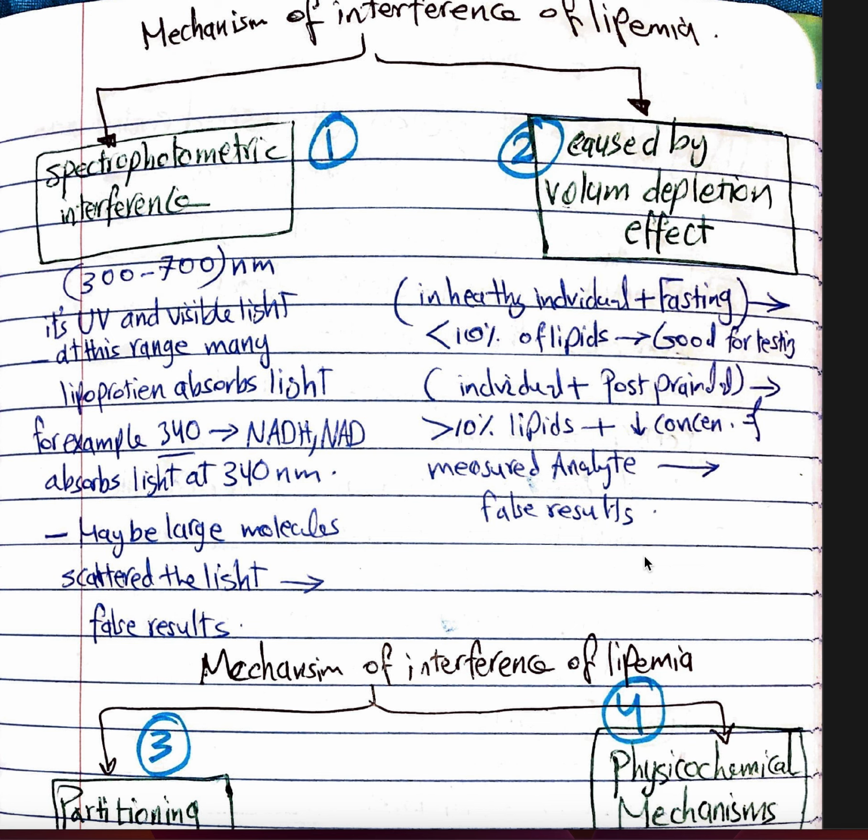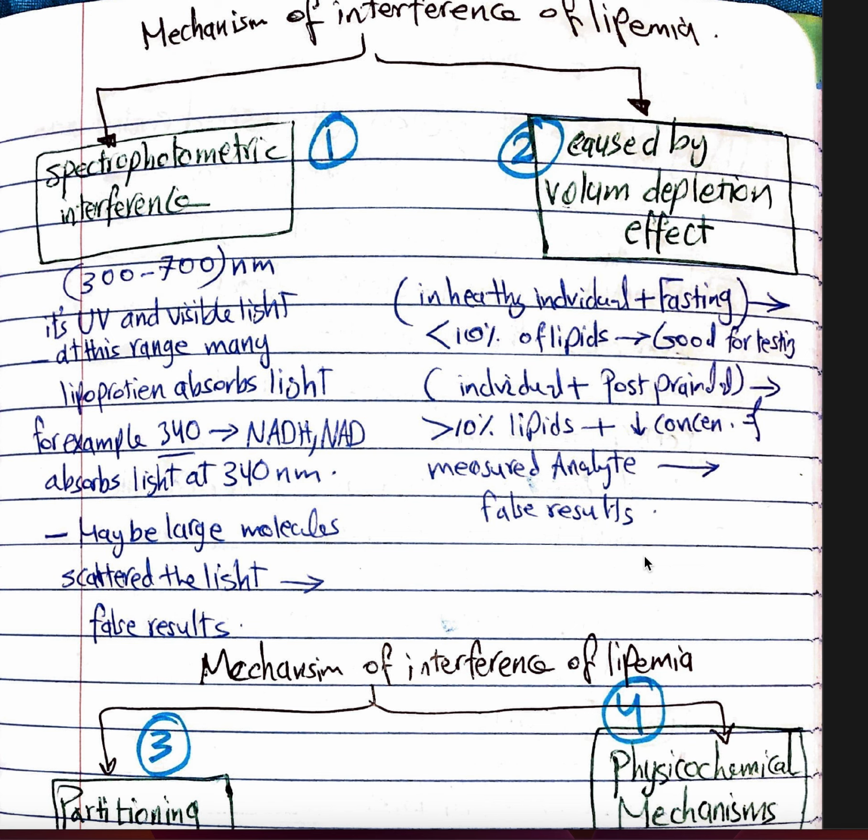Now we go to the volume depletion effect. If there is a healthy individual who is fasting, that leads to a decrease of 10% in the level of lipids, so that is good for testing. But if a healthy individual is postprandial, the lipids increase by more than 10%, so that leads to a decrease in the concentration of the specific analyte that I want to measure, and that leads to false results.